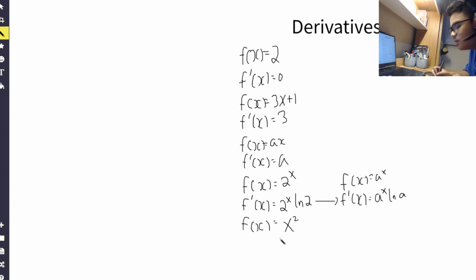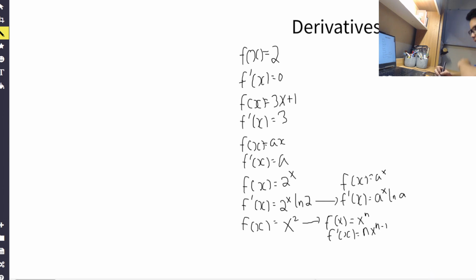Next, f of x is equal to x squared. Now we're going to do the power rule. Let's say f of x is equal to x to the n, where n is a constant. So f prime of x will be n x to the power of n minus 1.